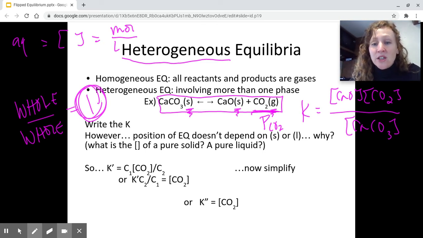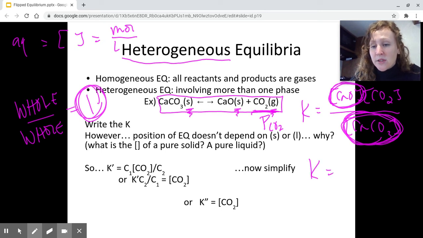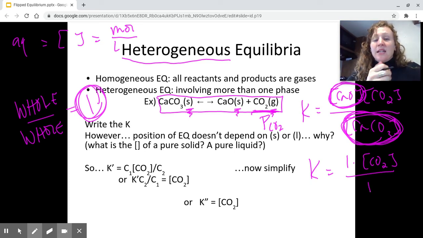And so if we look at that in terms of our K equation, if we look at our solids and we consider them to be at 100%, the fraction for these solids actually becomes a 1. And so our equilibrium constant really is only dependent on those things that can fluctuate in percentages, those gases and those aqueous substances.